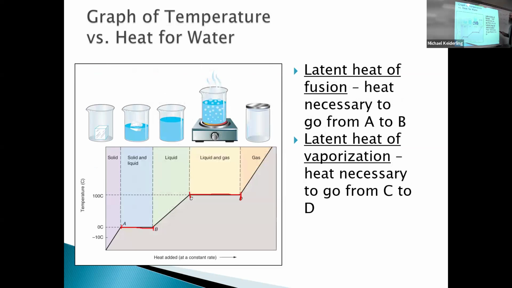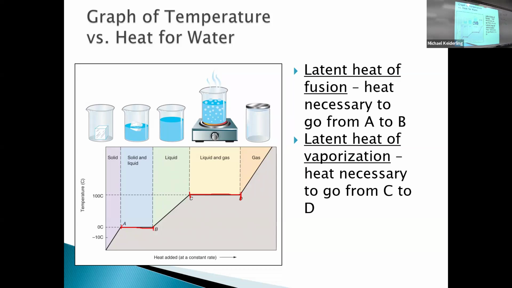So here, the latent heat of fusion on this graph. This is a graph showing steadily adding heat to water, starting with ice. It warms up till it hits 0 degrees Celsius. From A to B here, this is the latent heat of fusion. So while this is melting, you'll have a mixture of solid and liquid, and the temperature will not change.